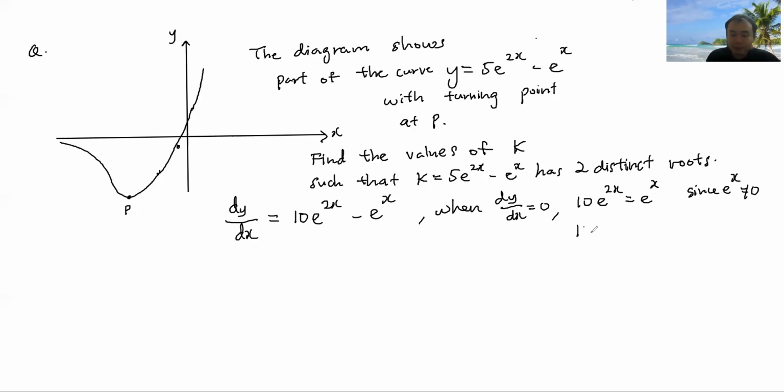And we have 10e to the power of x equals 1. So e to the power of x is 1 over 10. How do we find the value of x? We have to ln both sides. I prefer ln, but if you want to use log with other bases, it's up to you. It's fine also.